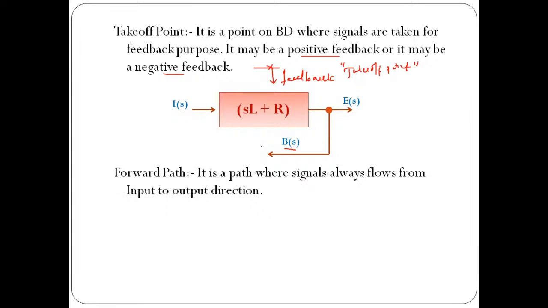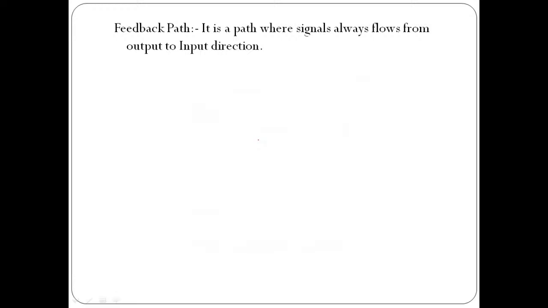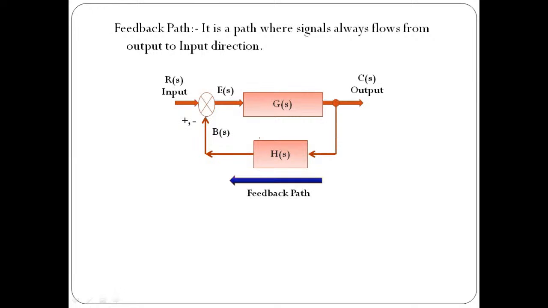Then forward path: when the flow of signal is from input to output, it is called the forward path. In the same way, we discussed the concept of the feedback path. When the flow of signal is in the reverse direction, from output to input, it is called the feedback path. With respect to this diagram, when the flow of signal is from output to input like this, this path is called the feedback path.